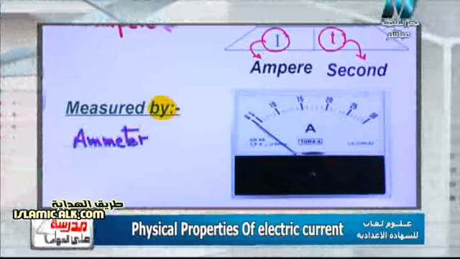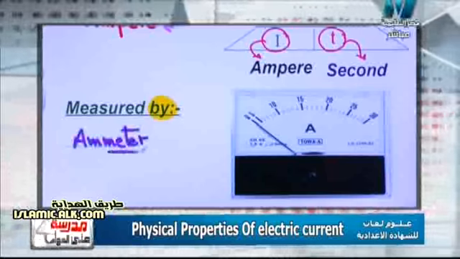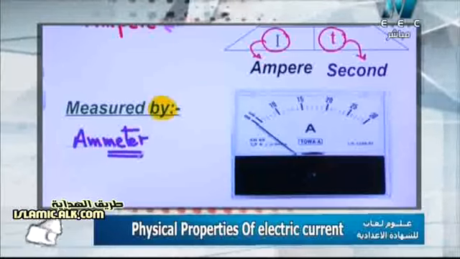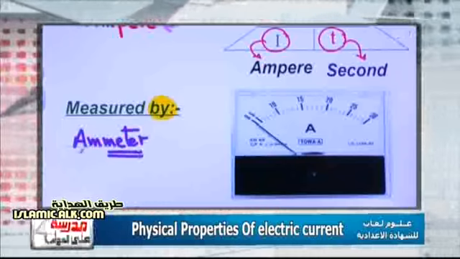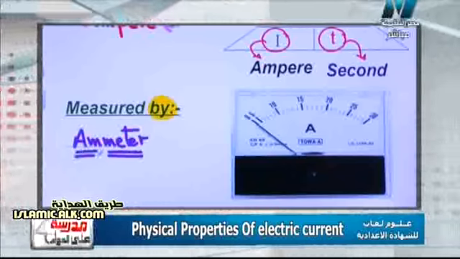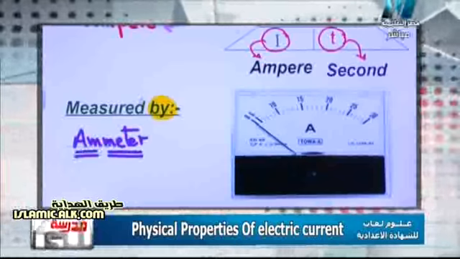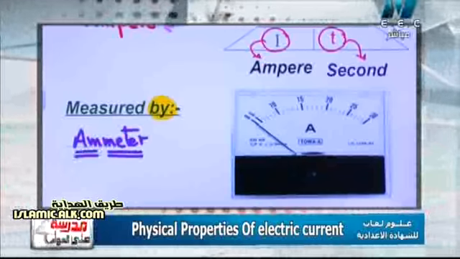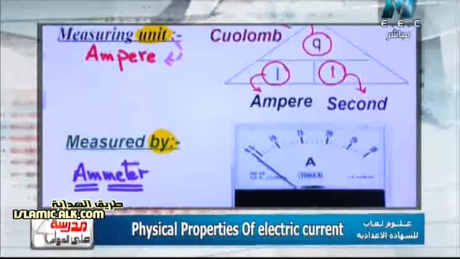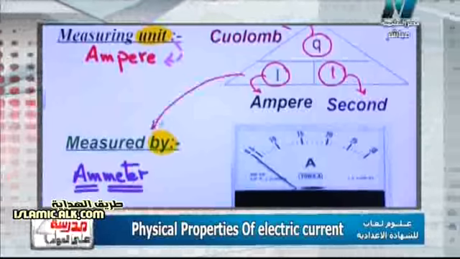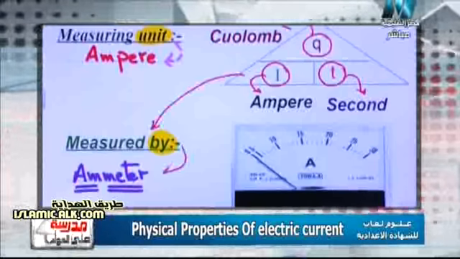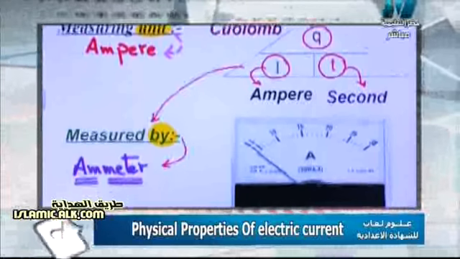Meter here doesn't mean the length unit, meter here means a counter, like at home we have the electricity meter. So instead of saying ampere meter, I say ammeter, which means the device used to measure the electric current intensity. So electric current intensity is measured by an ammeter, as you see the device here in front of you.